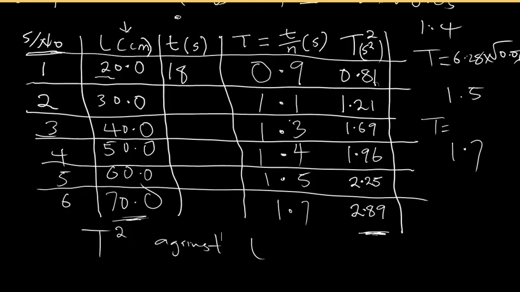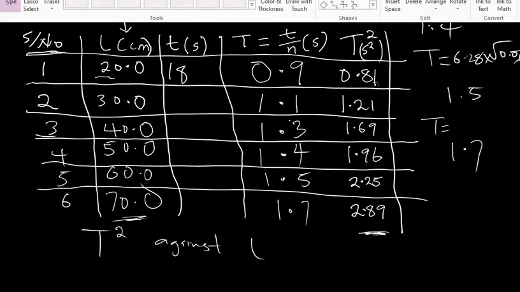The minimum value is 0.81 and the maximum value is 2.89. Let me do that calculation here.